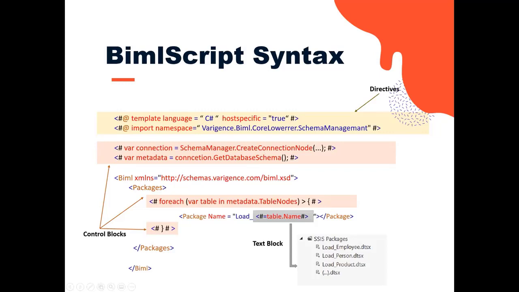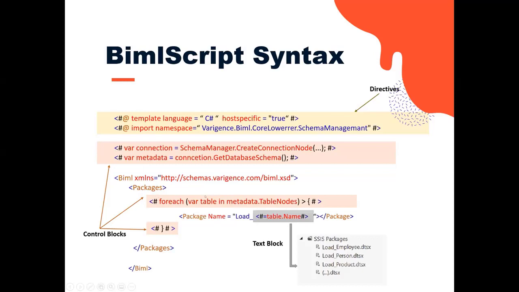From this line, by using connection GetDatabaseSchema, we get all our metadata from the source database and store it in the variable called metadata. So now we have all the metadata of that source database.